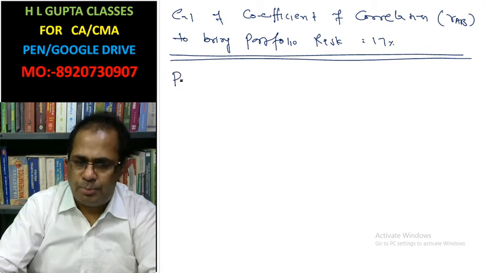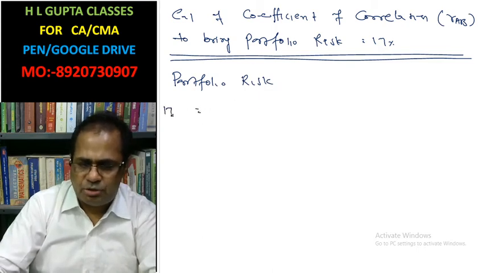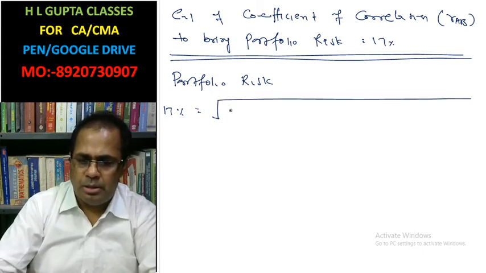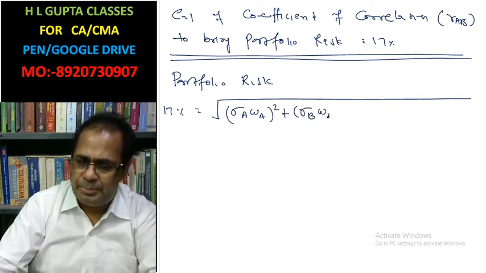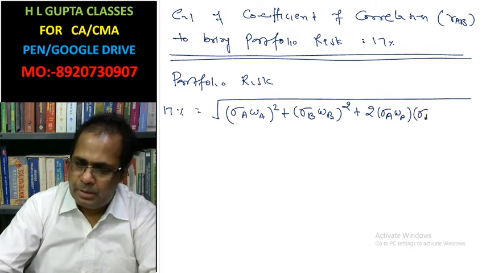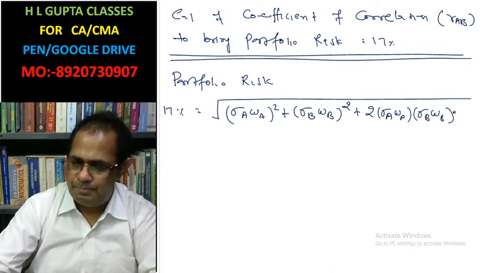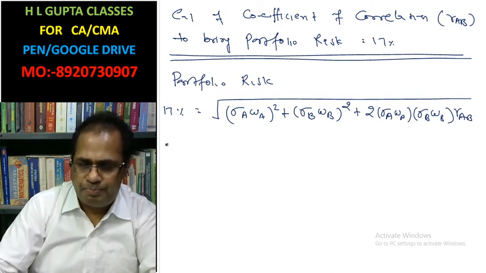Now what is the formula of portfolio risk? Portfolio risk, this is your 17%. The formula is the root of standard deviation A weight A whole square, plus standard deviation B weight B whole square, plus 2 into standard deviation A weight A, standard deviation B weight B, coefficient of correlation AB.